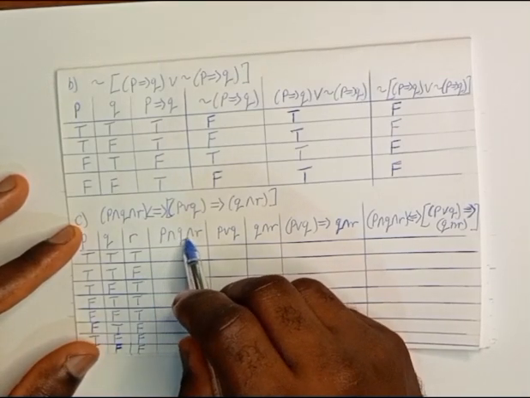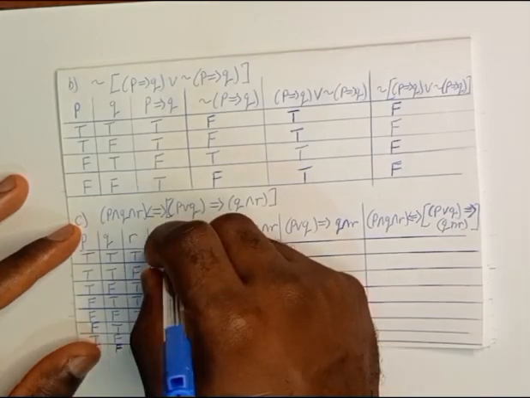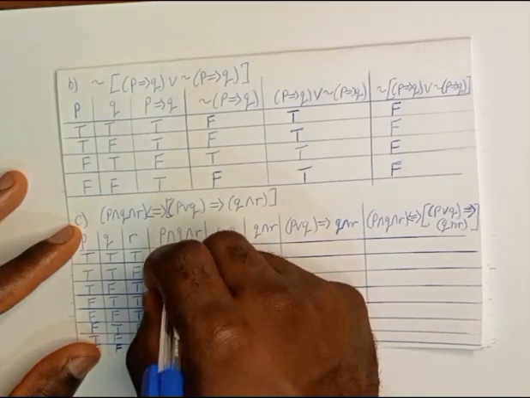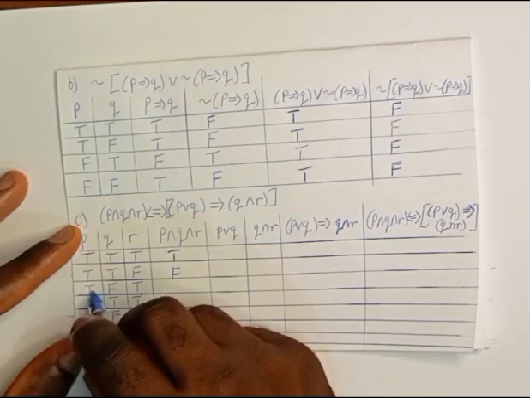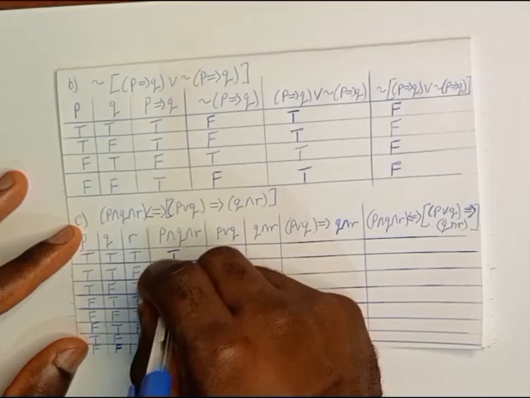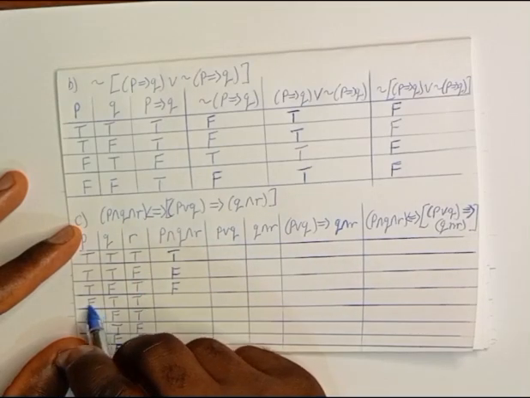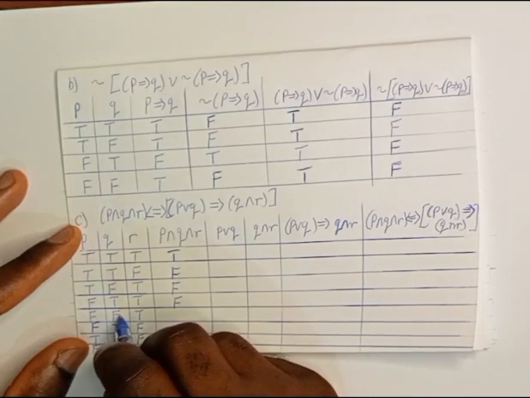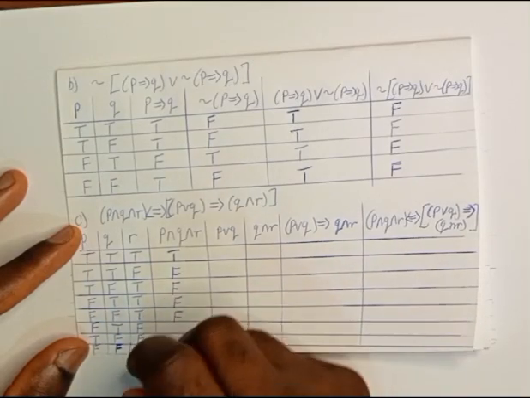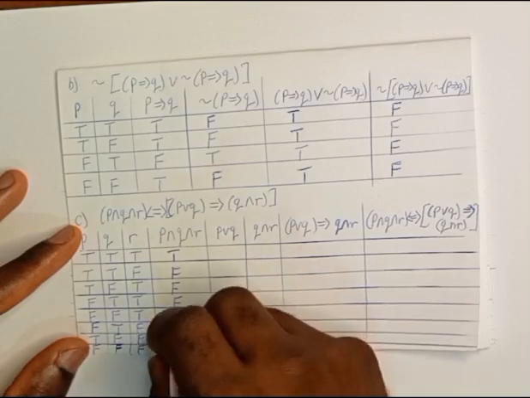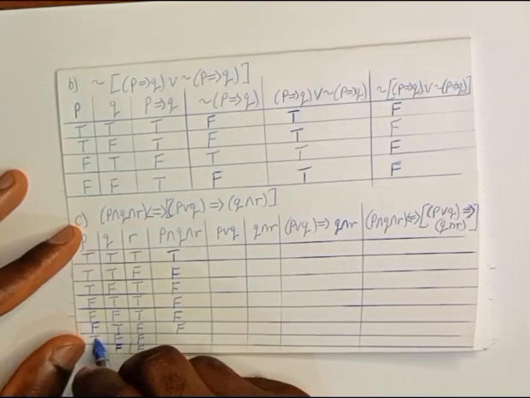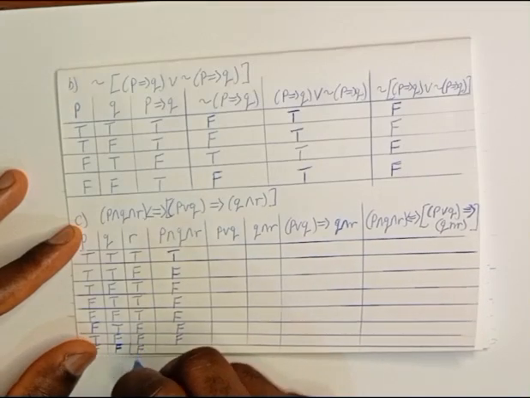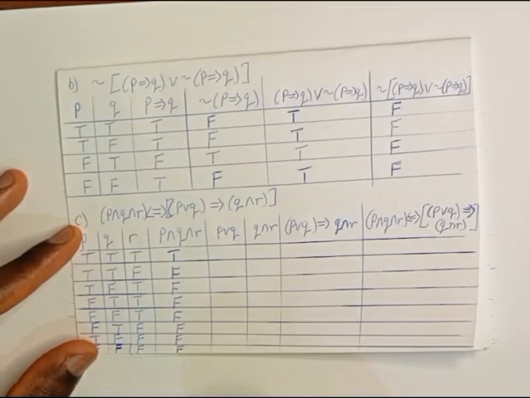P and Q and R, true, true, true, that means true. True and false gives us false. True and false and true gives us false, because one of them is false. False and true gives false. False and false gives false.